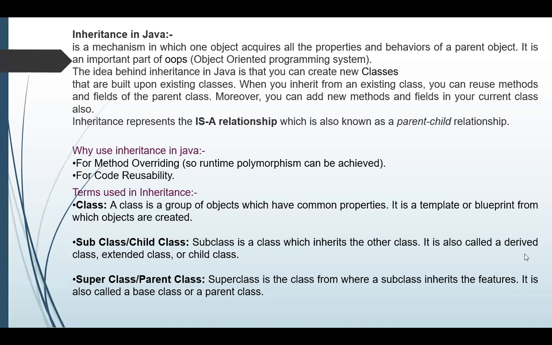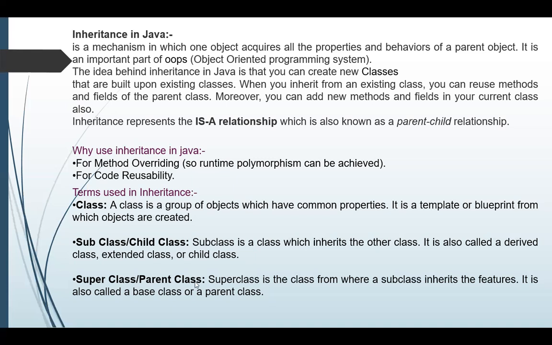It's also called a derived class, extended class, or child class. Now, what is a superclass? A superclass, or its synonym parent class, is a class from which the subclass inherits the features. The child class, the new class which we created, will inherit from it. We can also call it the old class, the older version of the class.